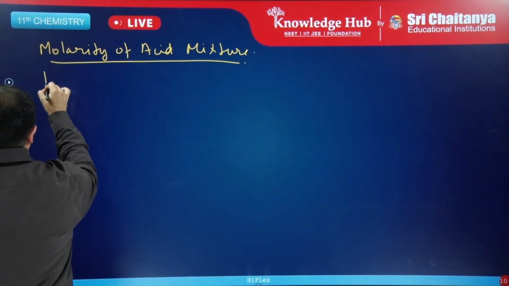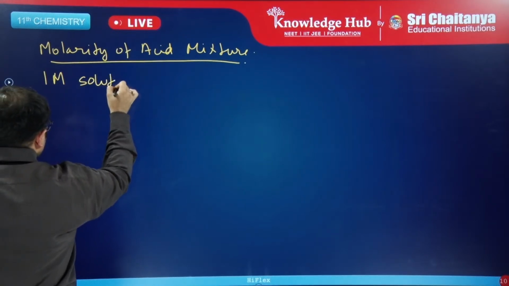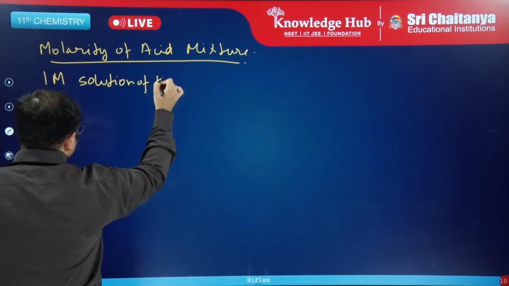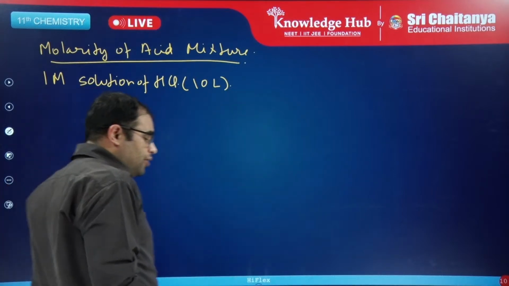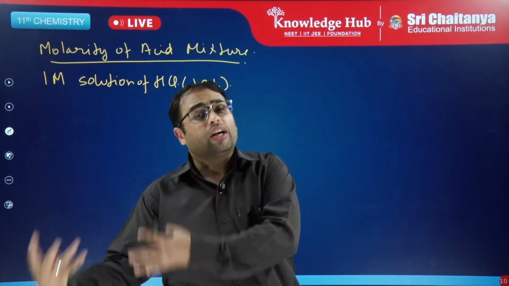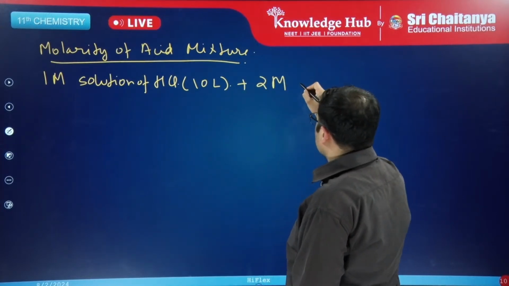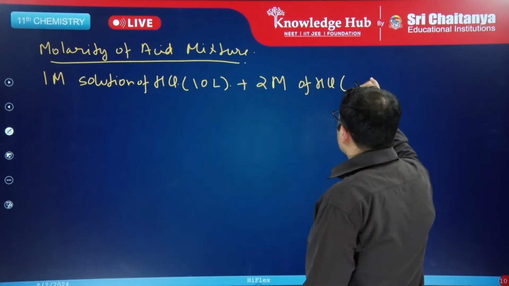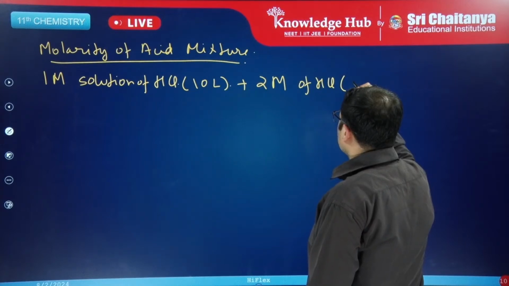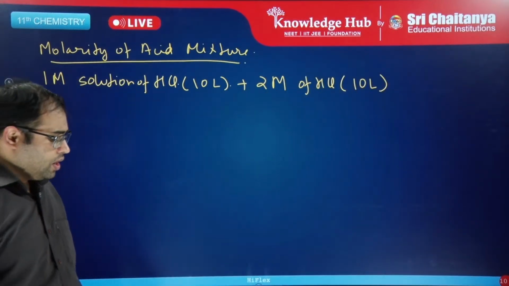Suppose you have a 1 molar solution of HCl. The volume of that solution is 10 liters, and you add it into another solution which is 2 molar of again HCl, in again 10 liters. Right, 10 liters I have taken.